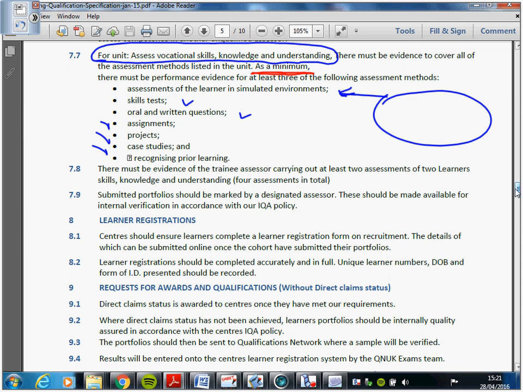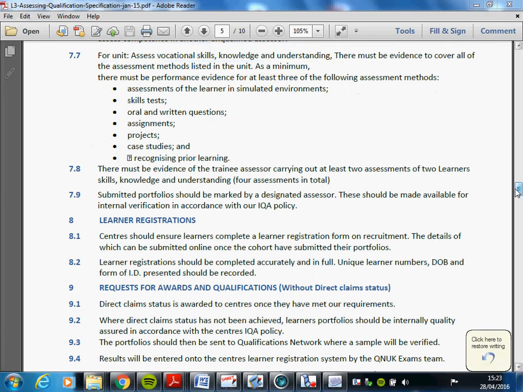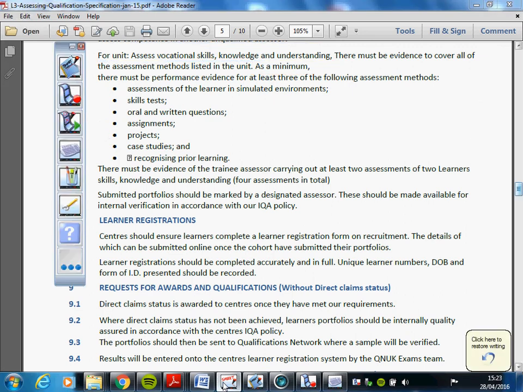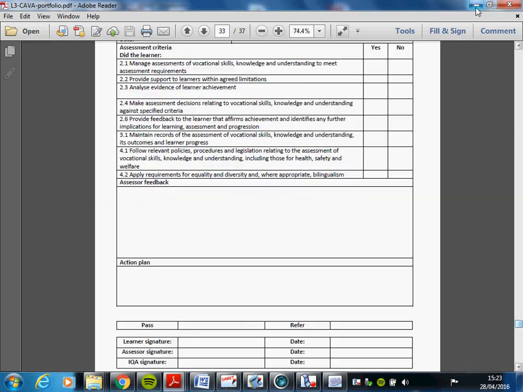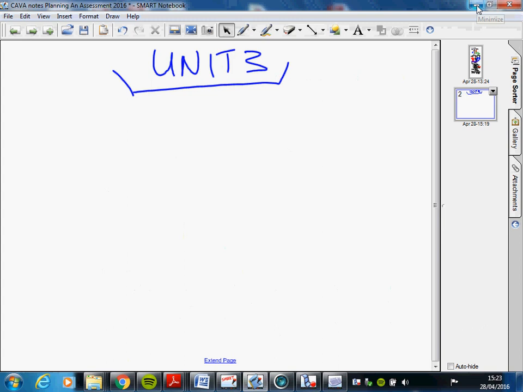Let me go back to the board and explain a little bit more on this. So here, what we're going to do, with the help of this information for Unit 3, when you design that assessment plan, if, for example, you choose skills test, that's the method.